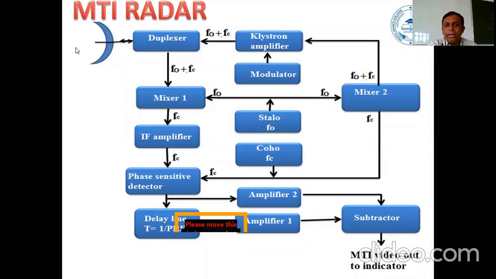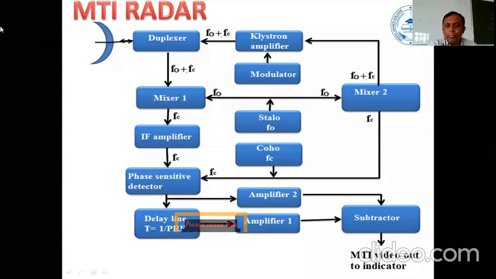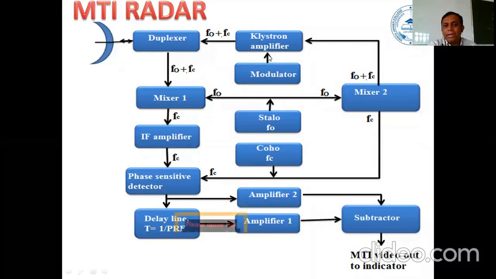Suppose there is a moving target. We have discussed that whenever there is relative motion between the source and an observer, there will be a change in frequency or wavelength. So there will be a change between the transmitted frequency and the received frequency.